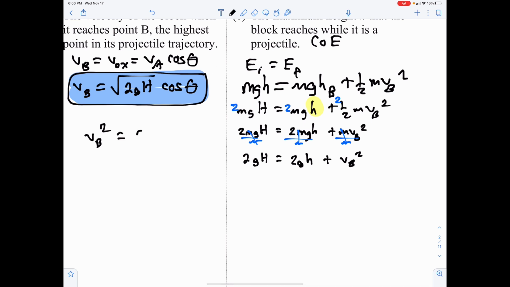VB squared would be 2gH times cosine squared theta. So I'm going to substitute for that. We have 2gH equals 2g little h plus 2g big H cosine squared theta.